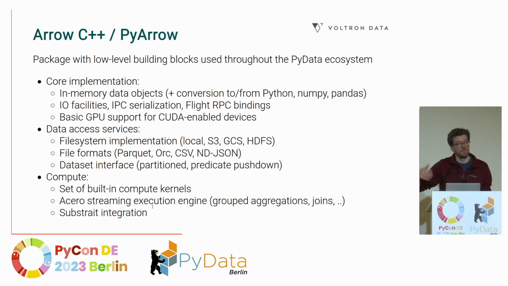And this is already now being used widely in the PyData ecosystem. For example, Dask is using the data access to read files. Dask is using that a lot. And I learned at the conference that Dask also started to use the IPC serialization in their distributed shuffle implementation to optimize that.